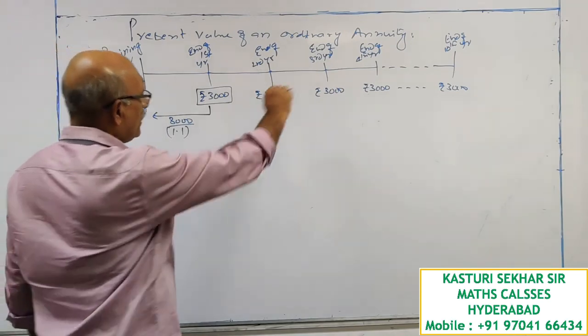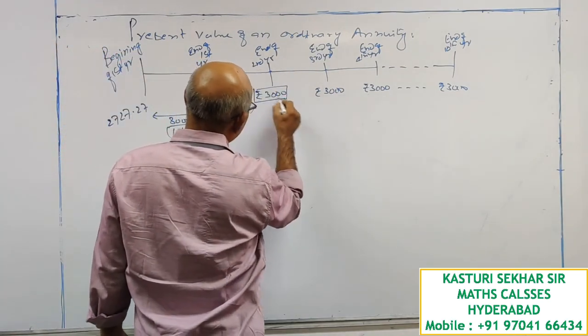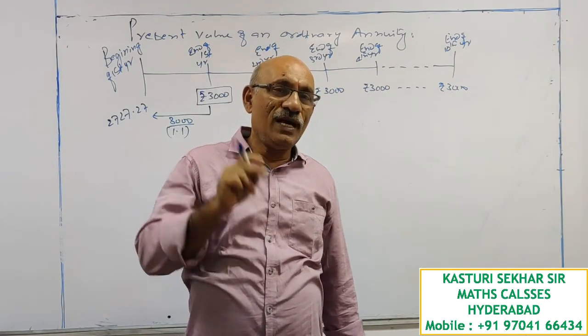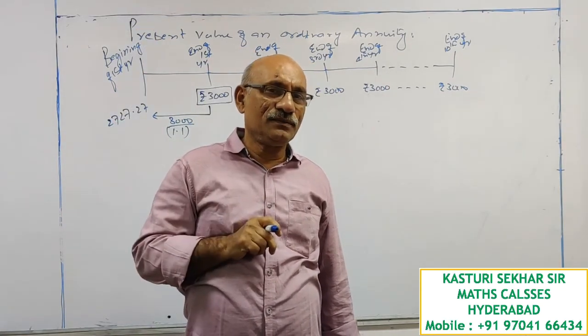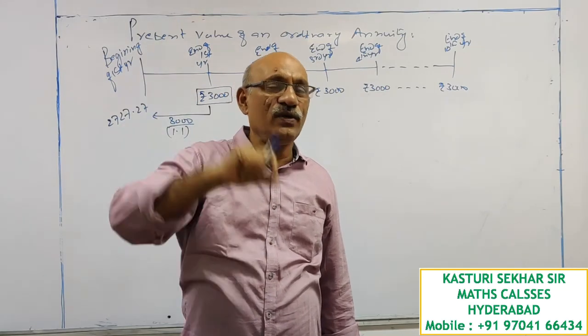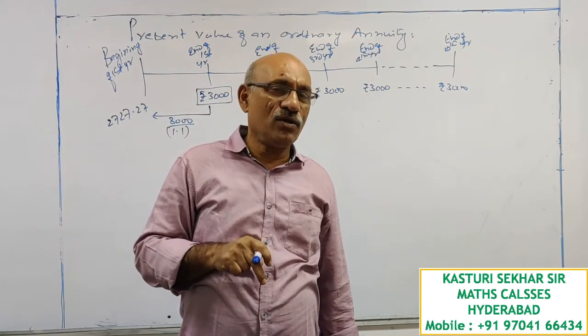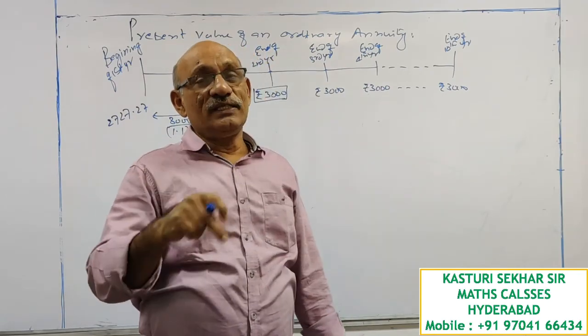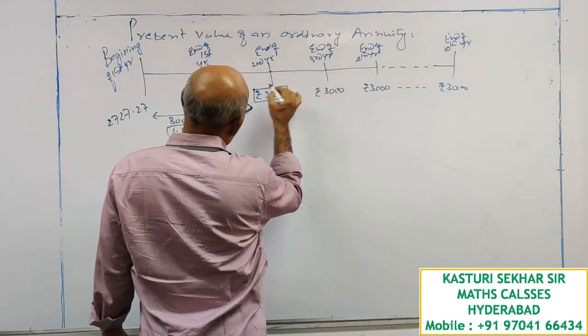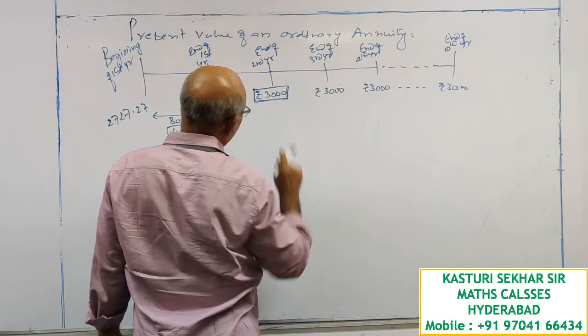Next, let us see how I am thinking. When 3000 rupees is due at the end of second year, or I am going to receive 3000 rupees after 2 years, how much do I have to deposit today?